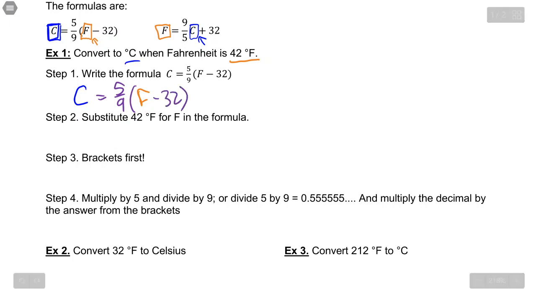Okay, and because I have degrees Fahrenheit, I want to be able to put it in on the right-hand side of our formula, and then the left-hand side of our formula is going to give us the degrees C that we want.